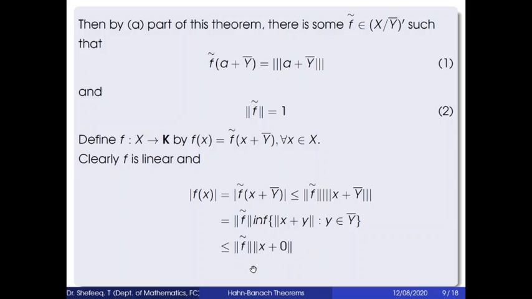Which is less than or equal to norm f tilde into norm x plus 0, since 0 belongs to Y bar, we take a particular element from Y bar. So this implies mod f of x is less than or equal to norm f tilde into norm x. So this means f belongs to X dash and norm f less than or equal to norm f tilde. This is our equation number 3. Here we have taken our norm f tilde as alpha.